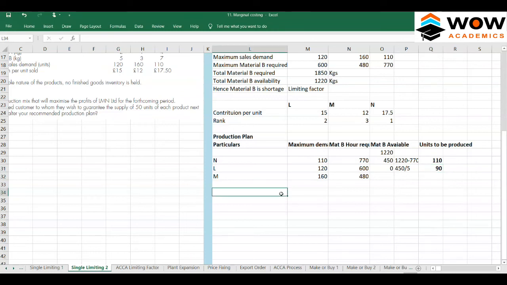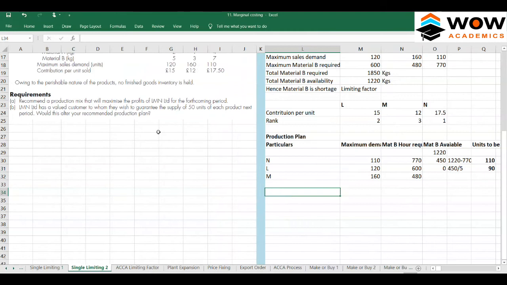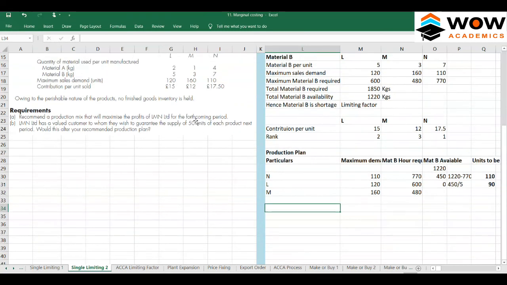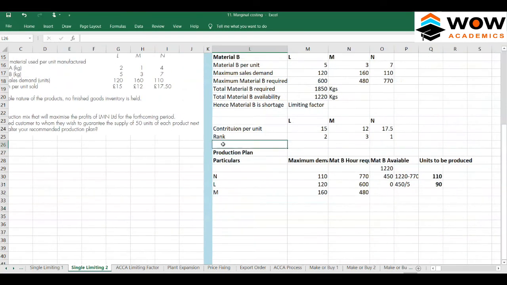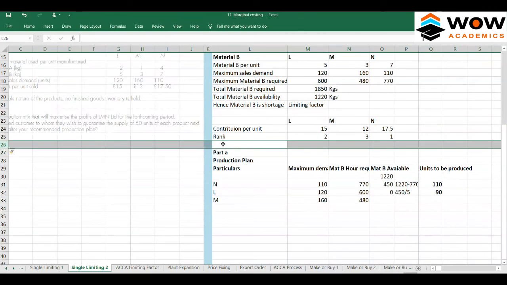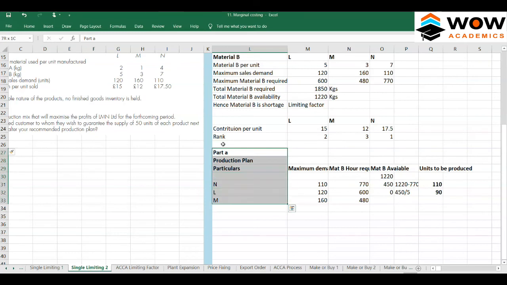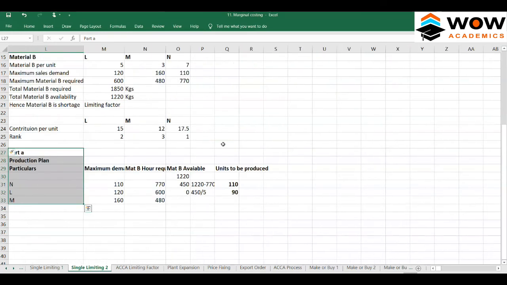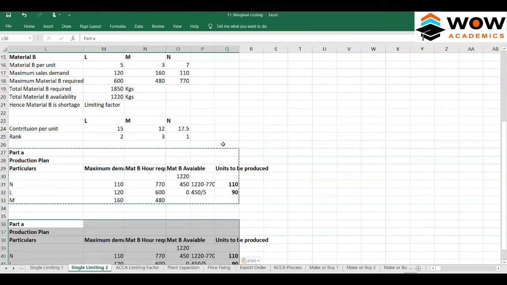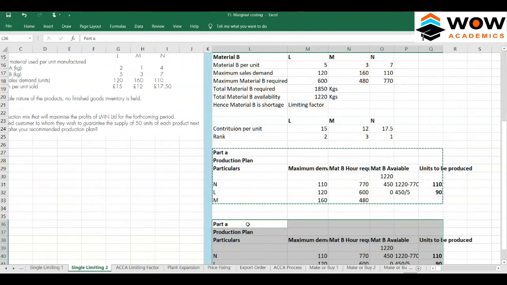And he says, in case the company wants to produce 50 units of each product, then what would happen? So this is for A part of the question. Part A question's answer. Let's see for B part.